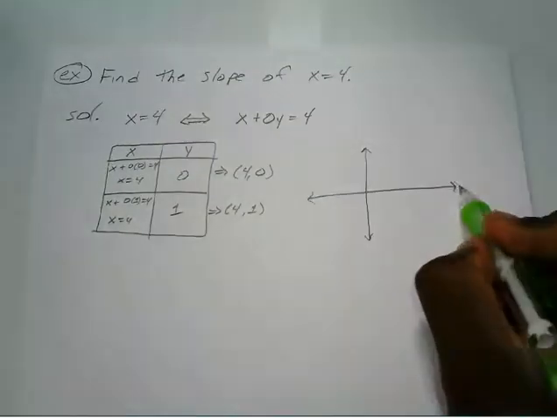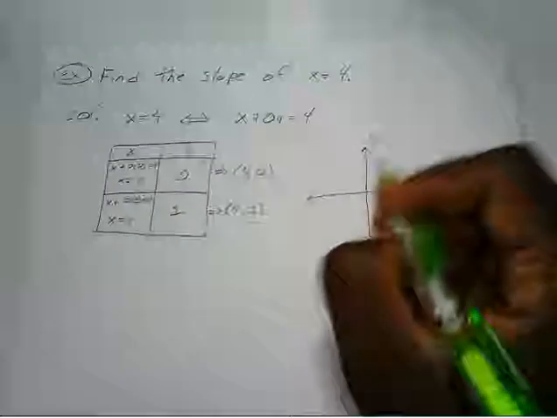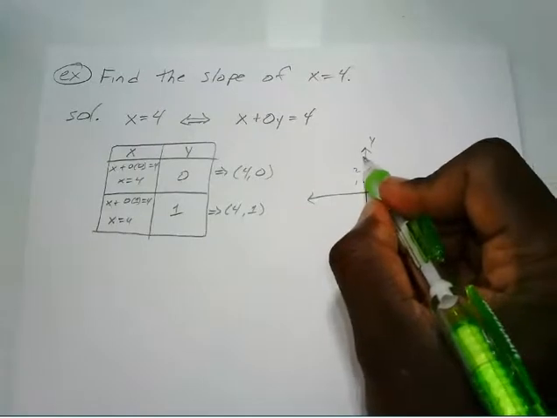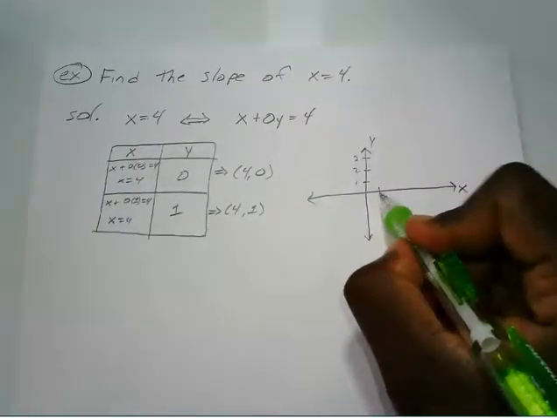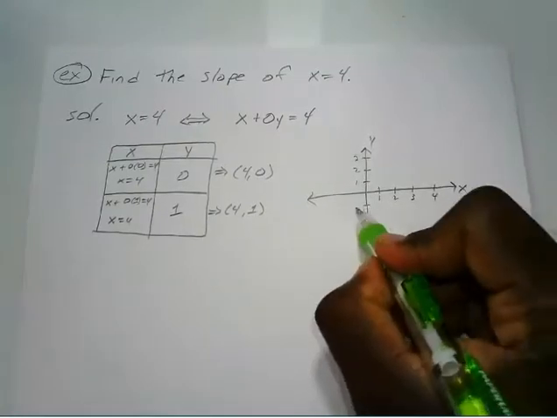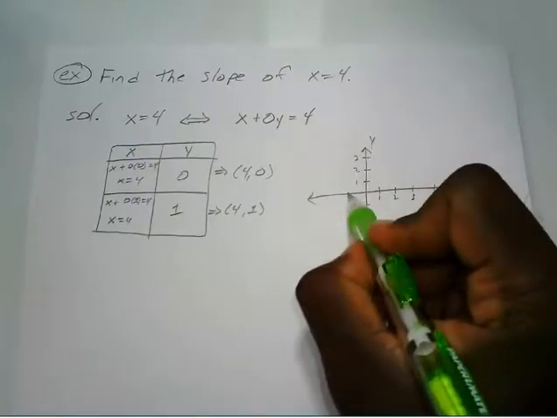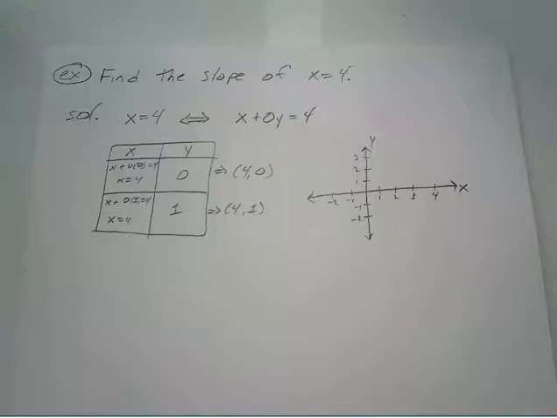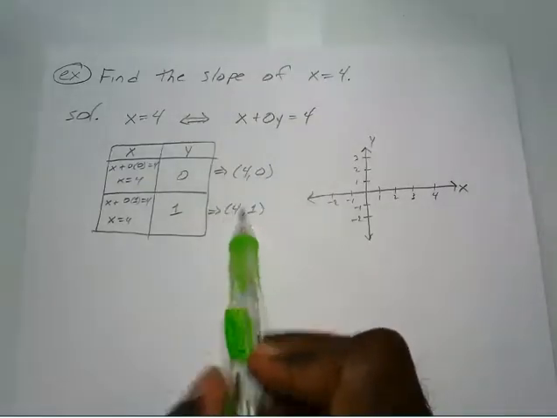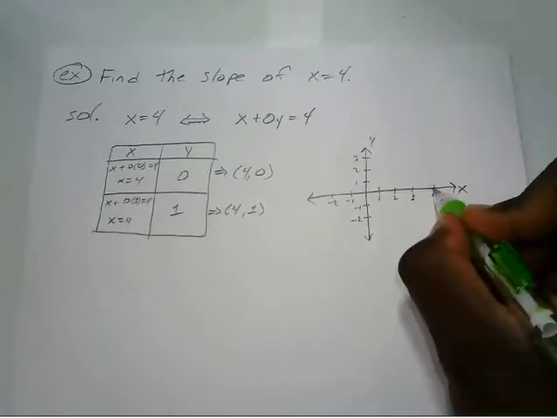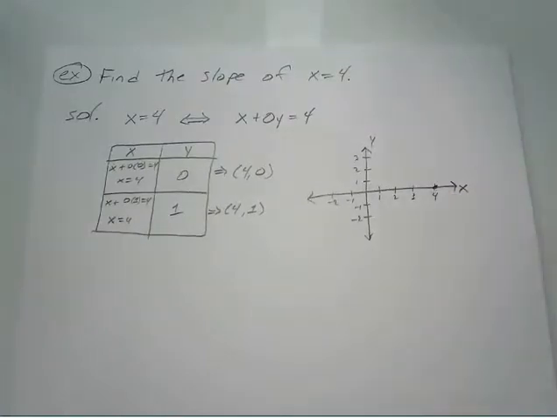Okay, so we have our x-axis and our y-axis here. So we have 1, 2, 3, 4, -1, -2, and let's put a -1, -2 over here, just to keep things balanced. Okay, so we have our graph here. So if we plot those 2 points, we have 4, 0, x is 4, y is 0, so our 4, 0 is right there.